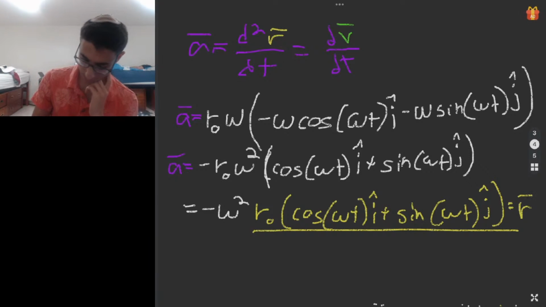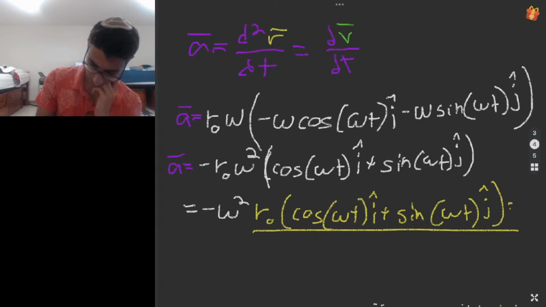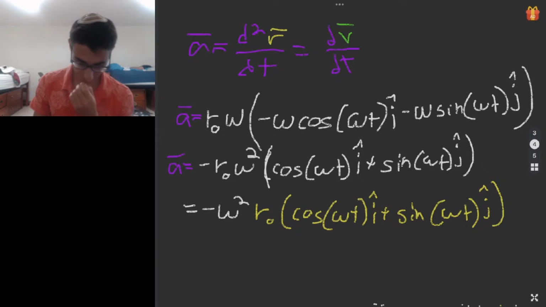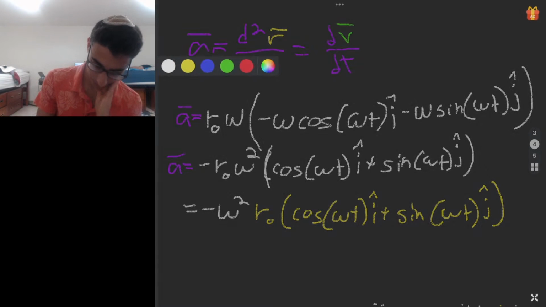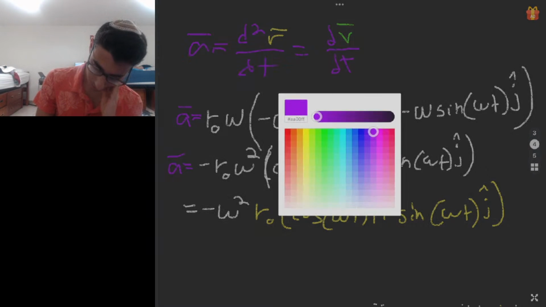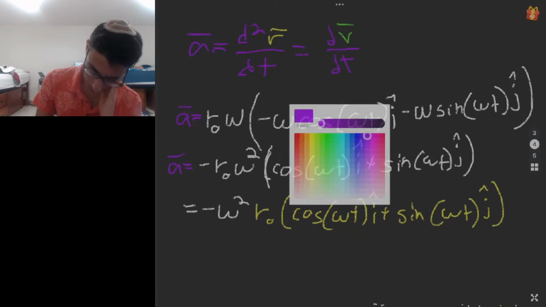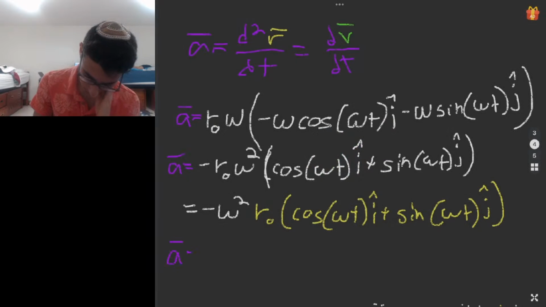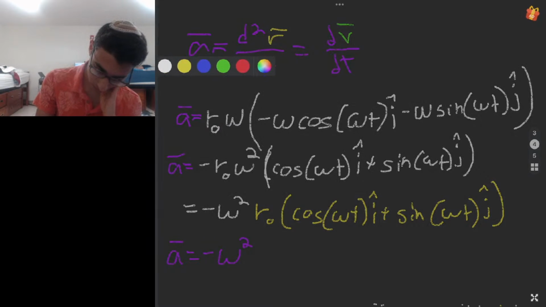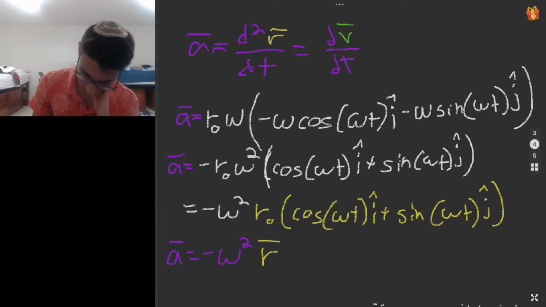So that means, and this is very not intuitive, but incredibly, acceleration, our dear friend acceleration, equals negative omega squared times our position vector.